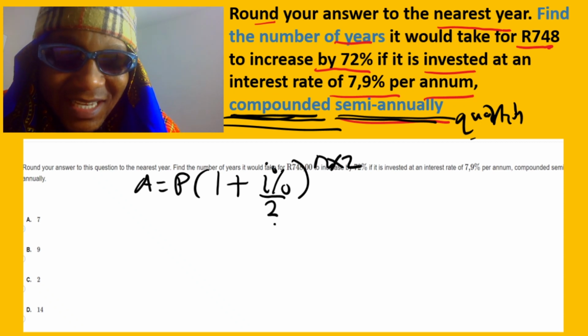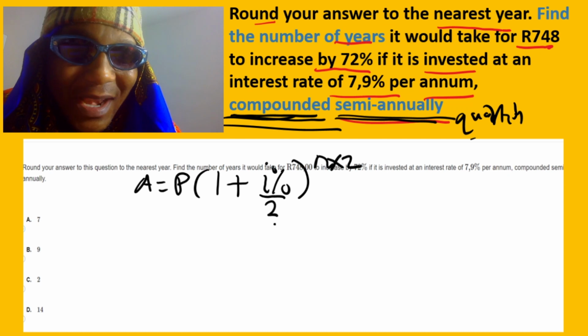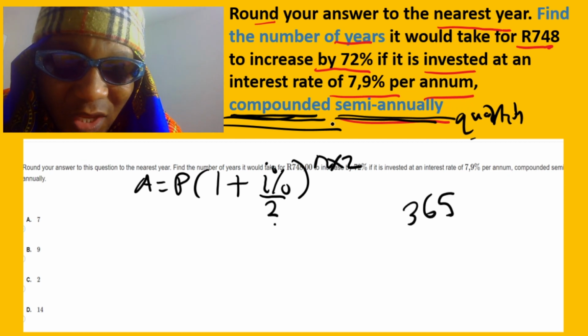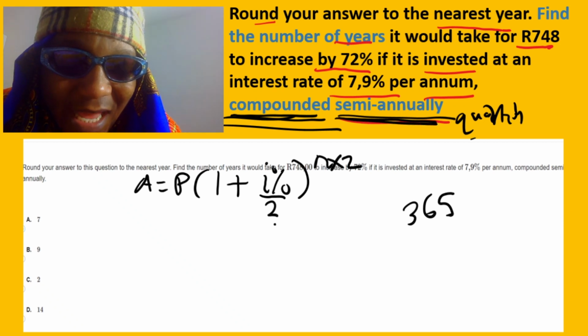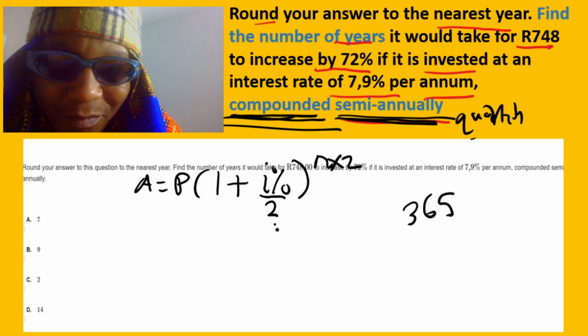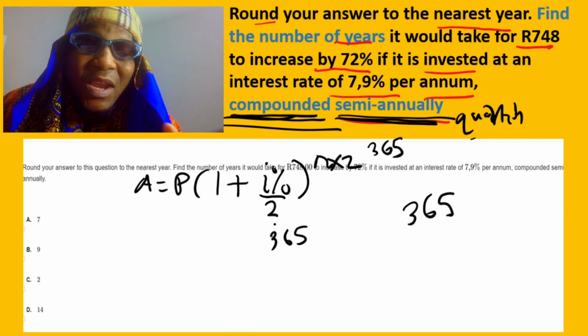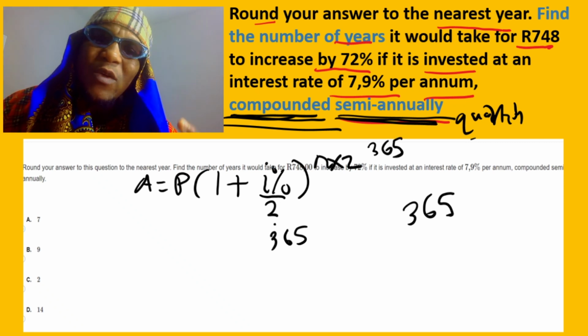But if they say daily, how many days are in 1 year? There are 365. So instead of dividing by 2, if it was compounded daily, you divide by 365 and multiply by 365. It depends on the question. If they say weekly, how many weeks are in 1 year?